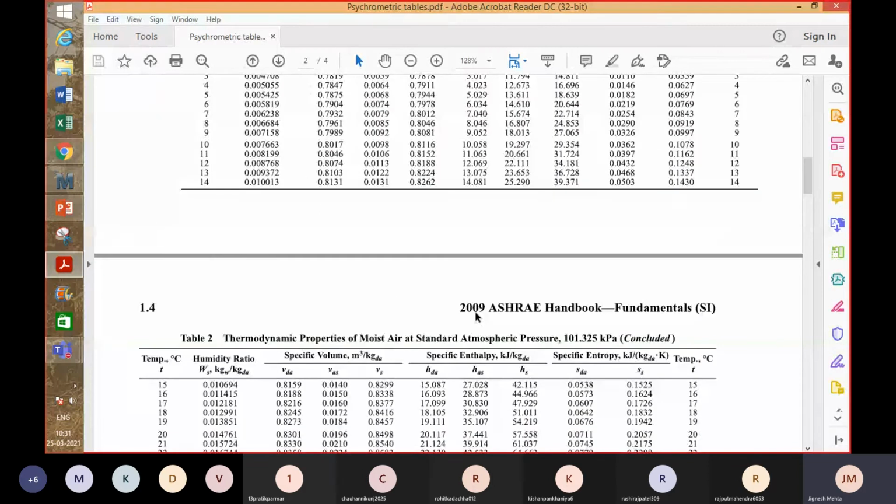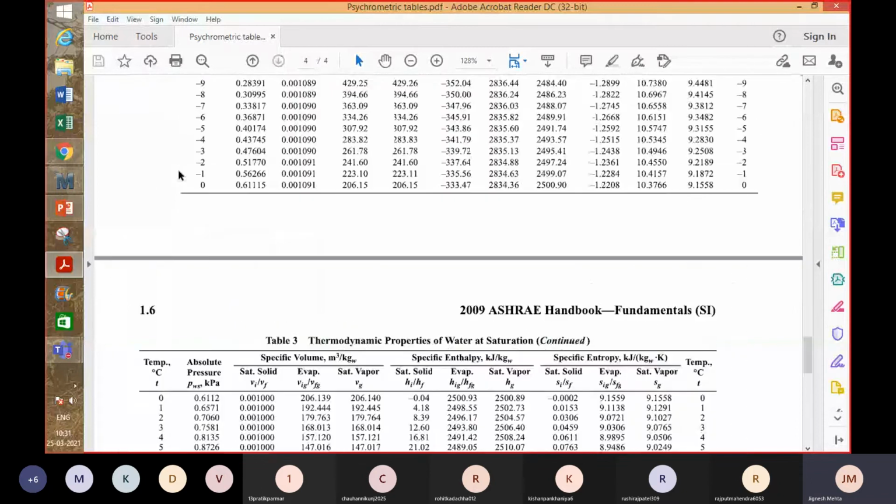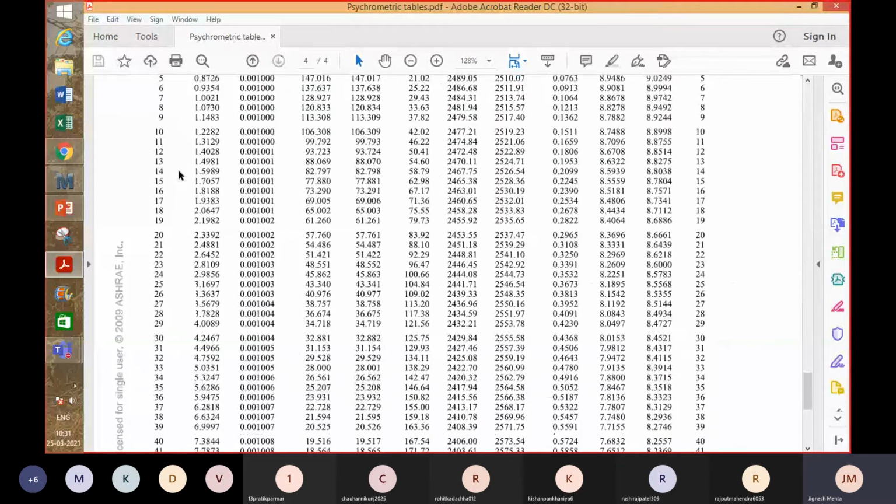So at 25 degrees Celsius, the saturation pressure is 3.1697, multiplied by 0.5 will give you the vapor pressure at point 2.